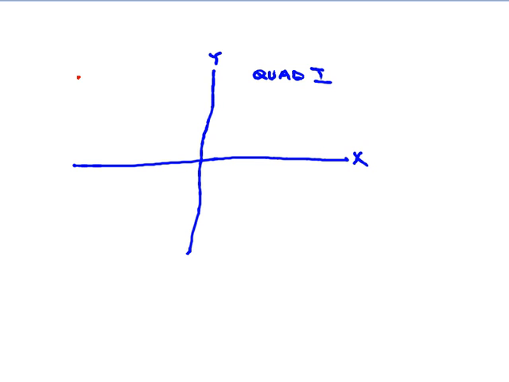That's a Roman numeral 1. This one, as we go counterclockwise, is known as quadrant 2. And I bet you know this one already: quadrant 3 and quadrant 4.